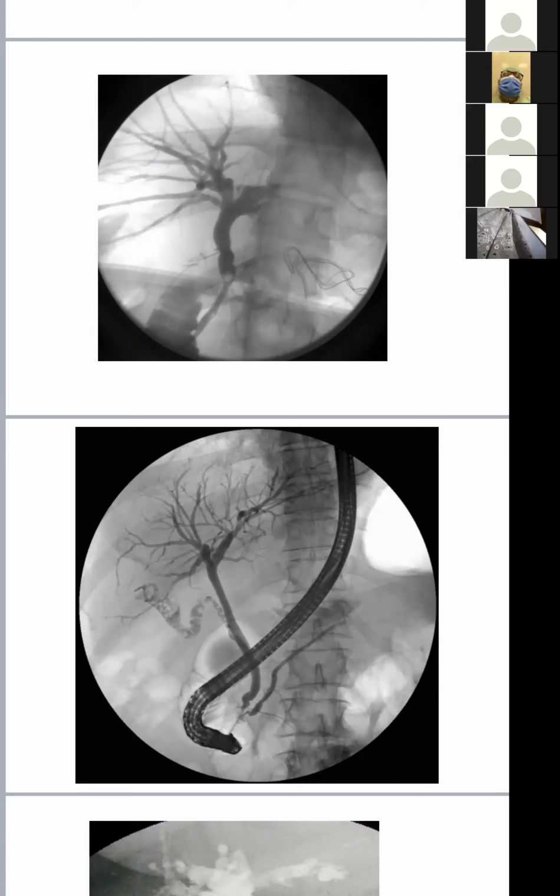This is the stone. ERCP can be both diagnostic and therapeutic. Diagnostic because it can diagnose there is a stone, and it can also remove the stone by doing papillotomy and removal of the stone.